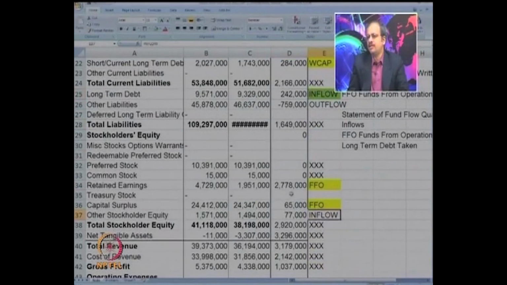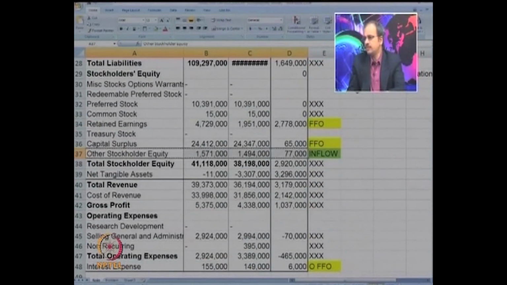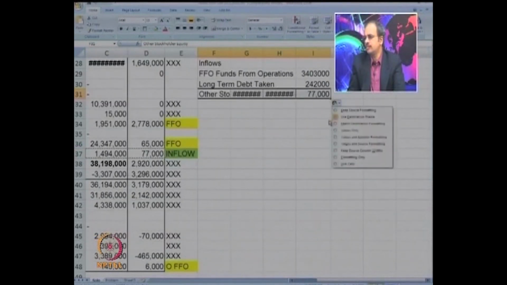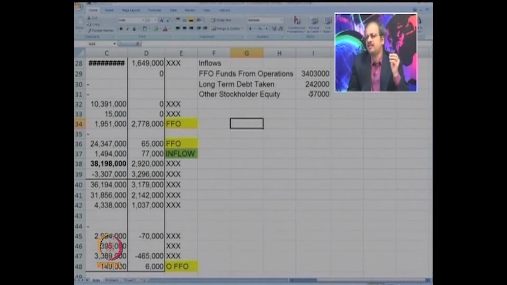So there is an inflow. In the same way, there is an inflow in other stockholder equity. There might be some small issue of shares, or there might have been conversion of ESOPs.